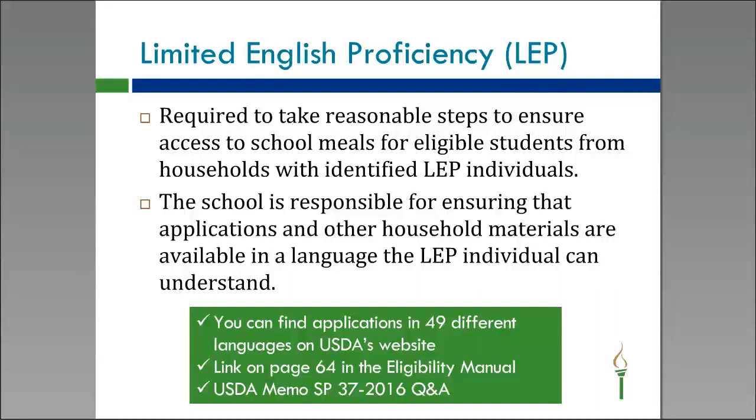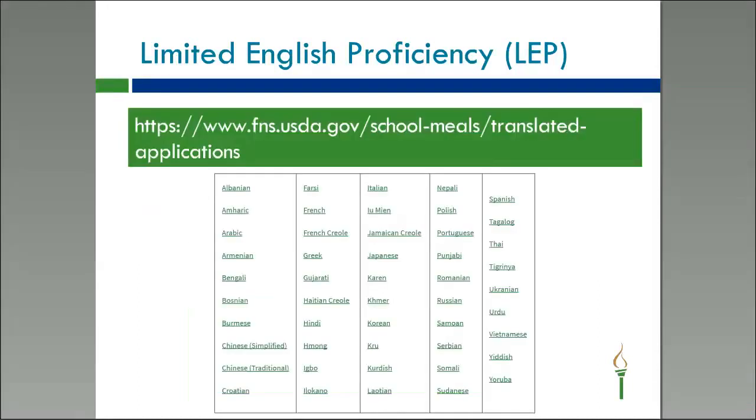For households with limited English proficiency, it is required that eligible students have access. So this means providing information in a language they can understand. So applications and other materials must be provided in a language that that household can understand. The application is available in 49 different languages on the USDA website.